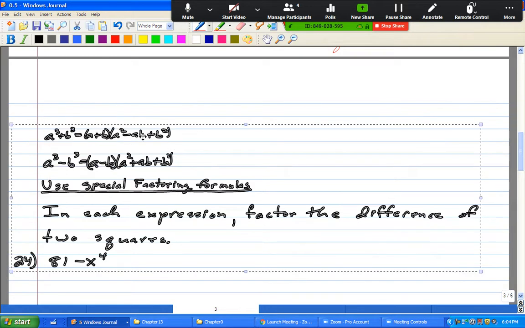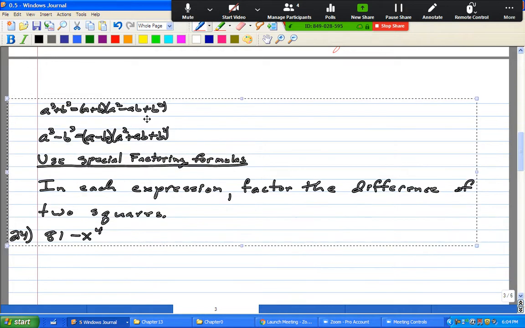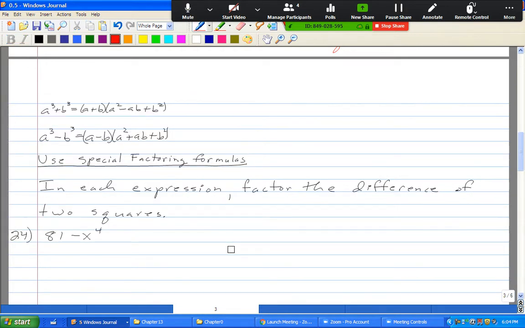Okay, so let me move this up one. I have the sum of cubes formula. A cubed plus b cubed is a plus b times the quantity a squared minus ab plus b squared. I have the difference of cubes formula.